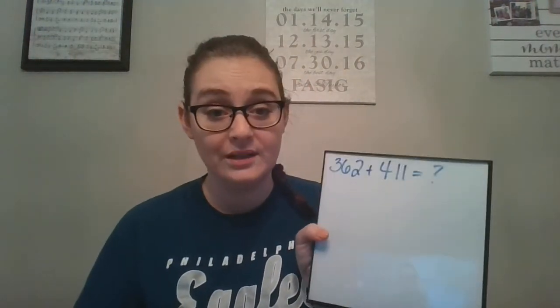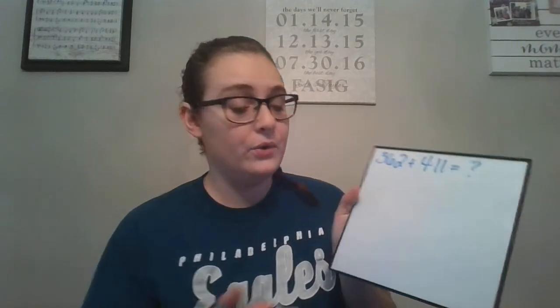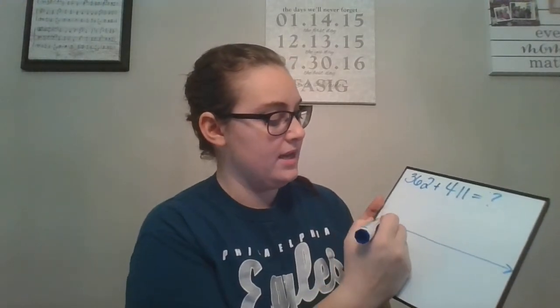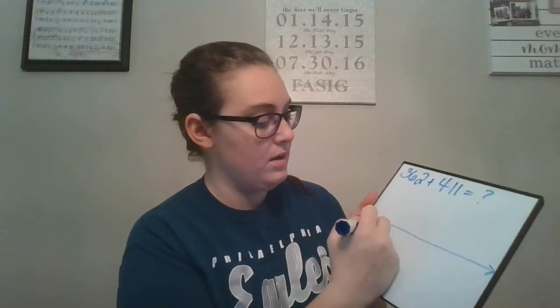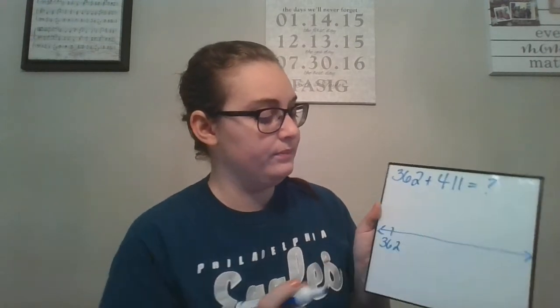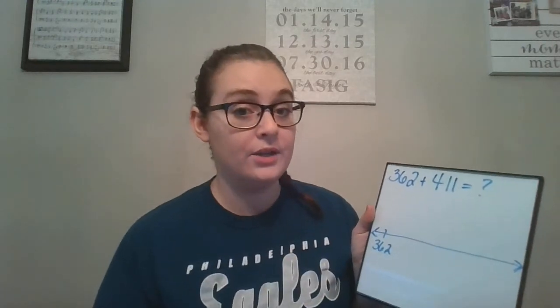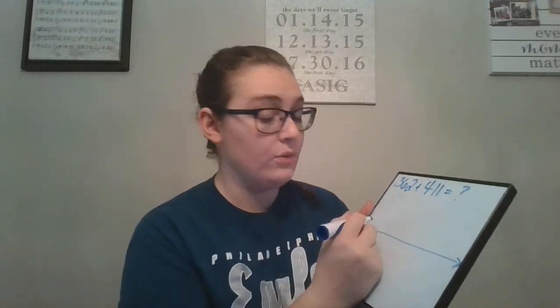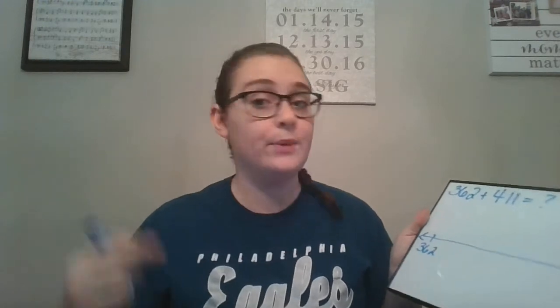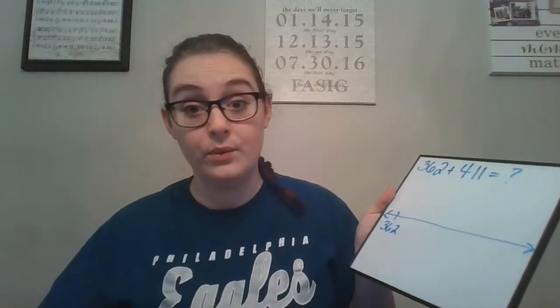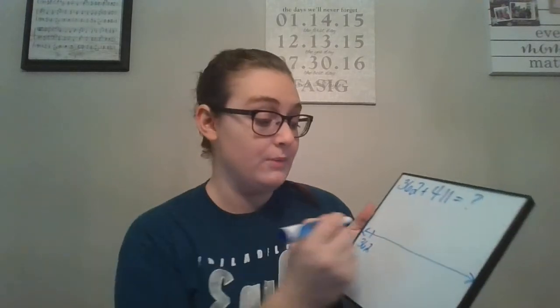362 plus 411. So obviously, I'm going to start here. I'm going to start with my lower number, which is 362. Now, I might already know what 300 plus 400 is, so that's what I'm going to do. If you don't, you can split that up by hundreds. 362 plus 100, 462 plus 100, and keep going.